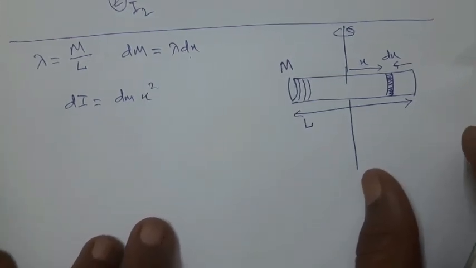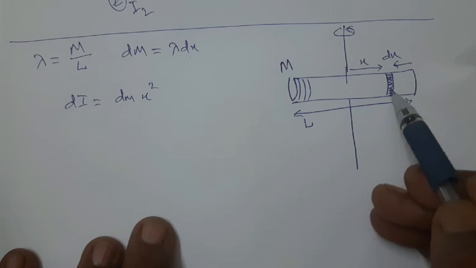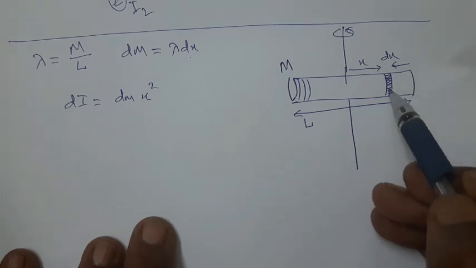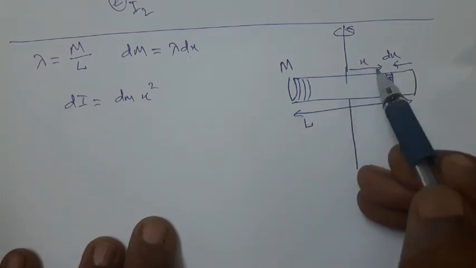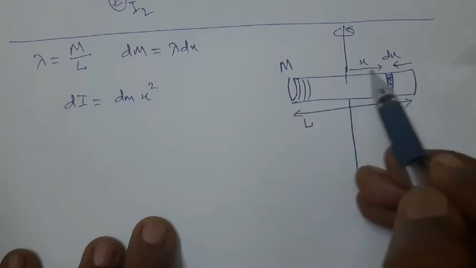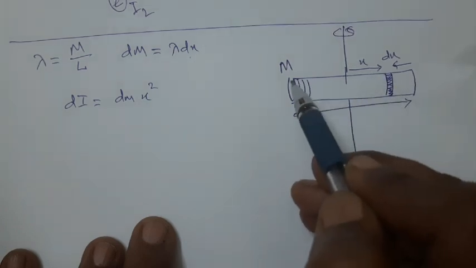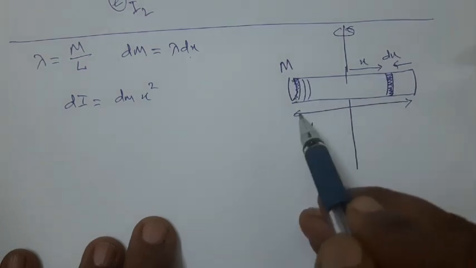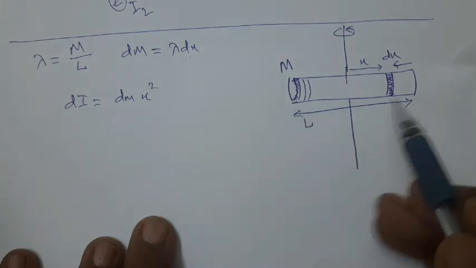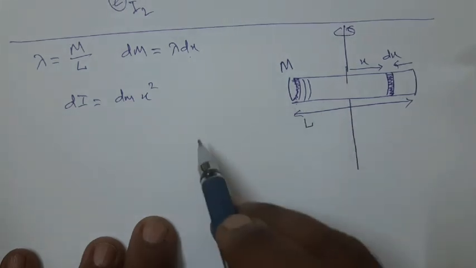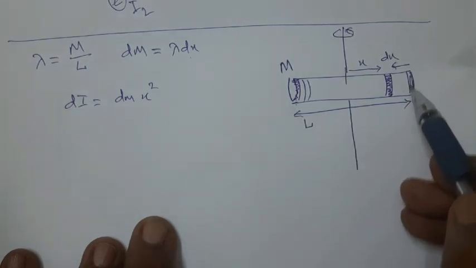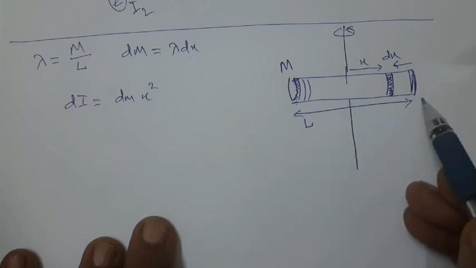But now you will observe that depending on the position of this dm, x changes. For this element x is this x itself, but for this mass, x is minus L upon 2, because the total length is L, so it is at a distance minus L upon 2, and this element is at a distance plus L upon 2.